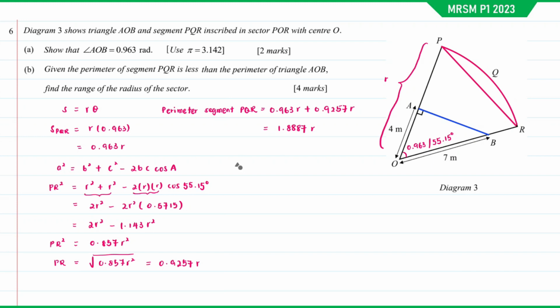Using the Pythagoras theorem, AB squared plus 4 squared is equal to 7 squared. So AB squared is equal to 7 squared minus 4 squared. So AB is equal to square root of 33.